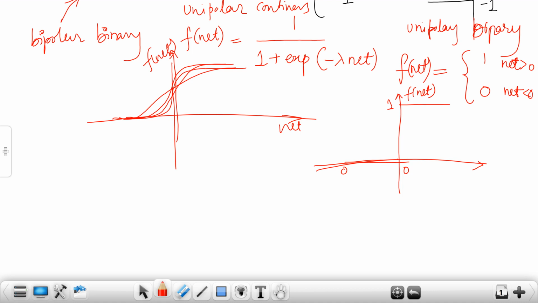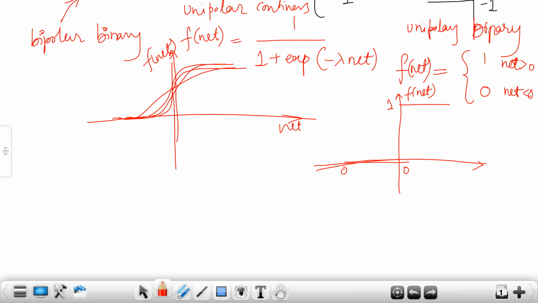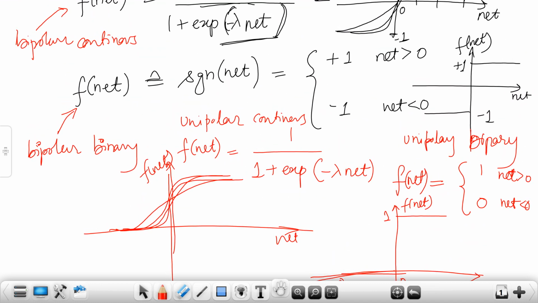Soft limiting activation functions are called sigmoidal characteristics. All these unipolar continuous and bipolar continuous functions are soft limiting activation functions, and they have sigmoidal characteristics.